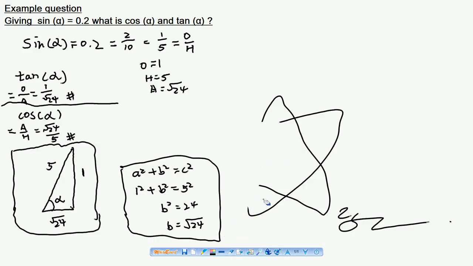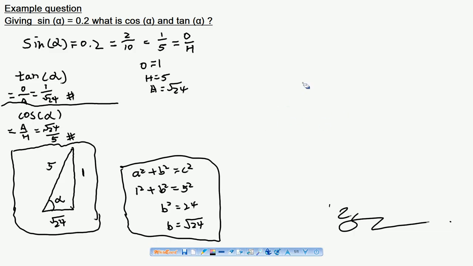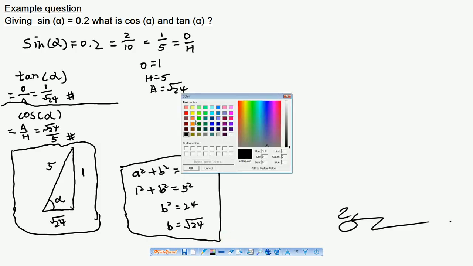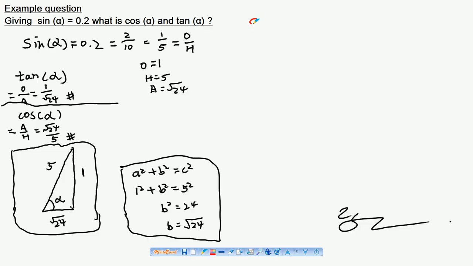The second way of doing this question is to use a formula, and in math methods you have to remember this formula. The formula is cosine square of an angle plus sine square of the angle equals 1.